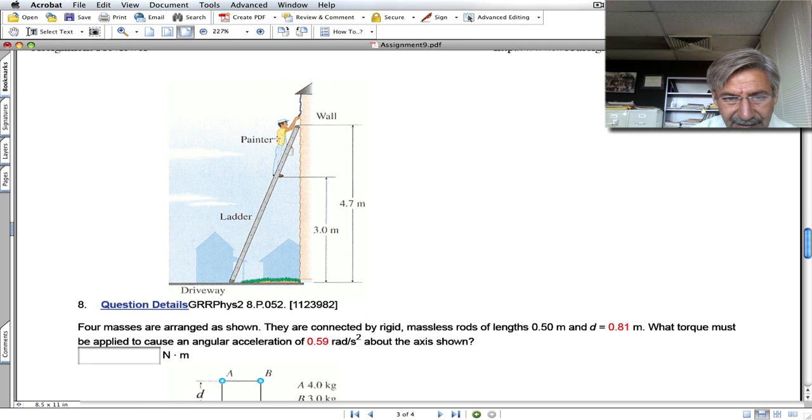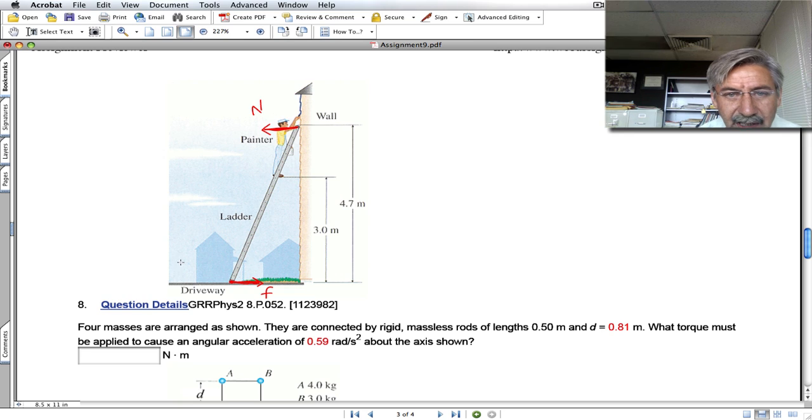Same thing happened with the problem of the ladder. In this particular case, what is interesting is that, again, the free body diagram is for the ladder. And the ladder feels a force from the wall, this force N, and also feels a pull from the floor.